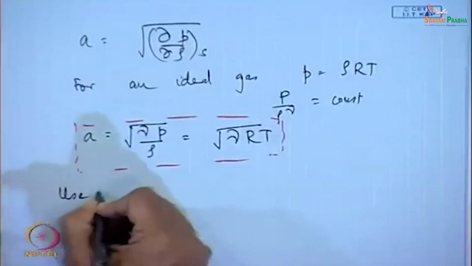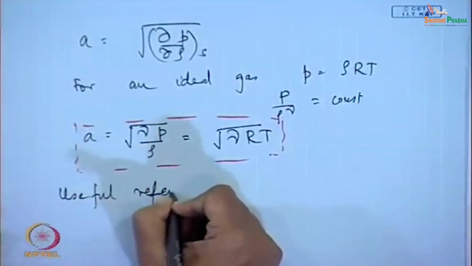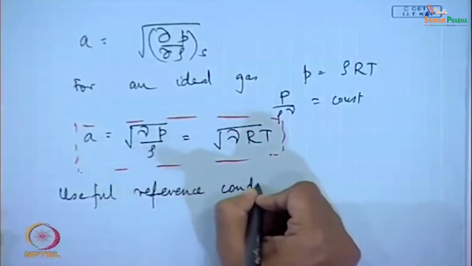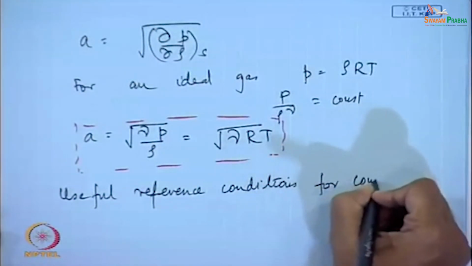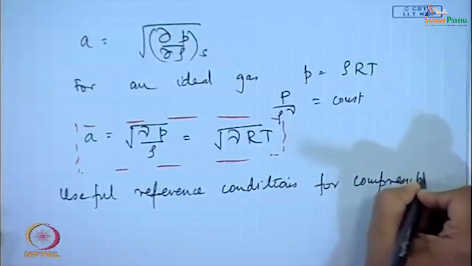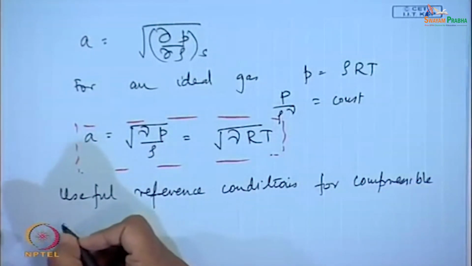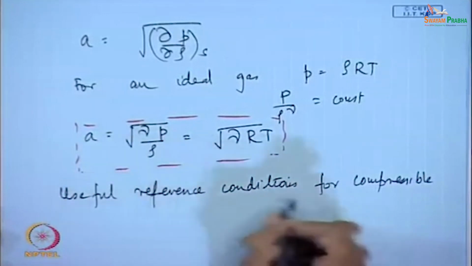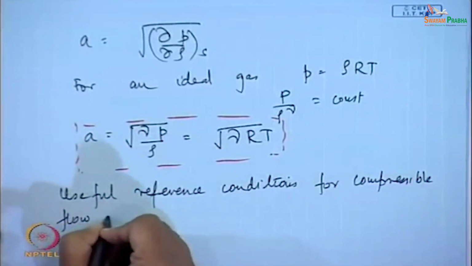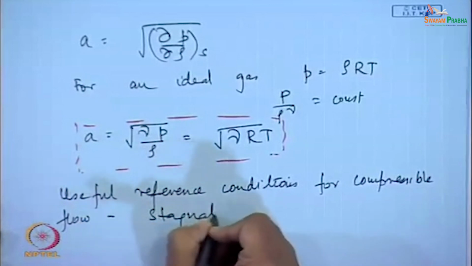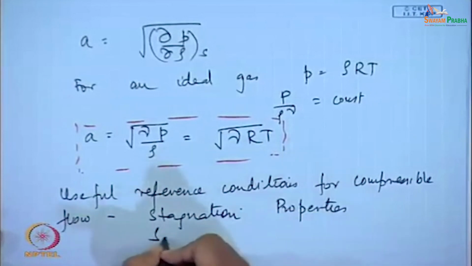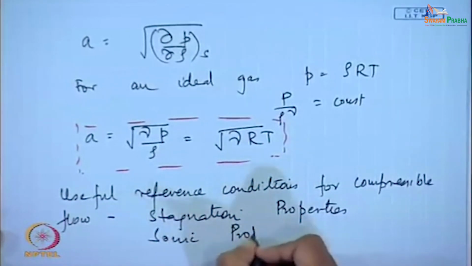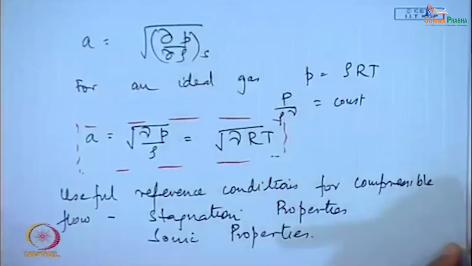So, the useful reference conditions for compressible flows, remember one thing, compressible fluid and compressible flows are not always the same, are the stagnation properties, which are one set of properties, and the sonic properties. Now, what are these?